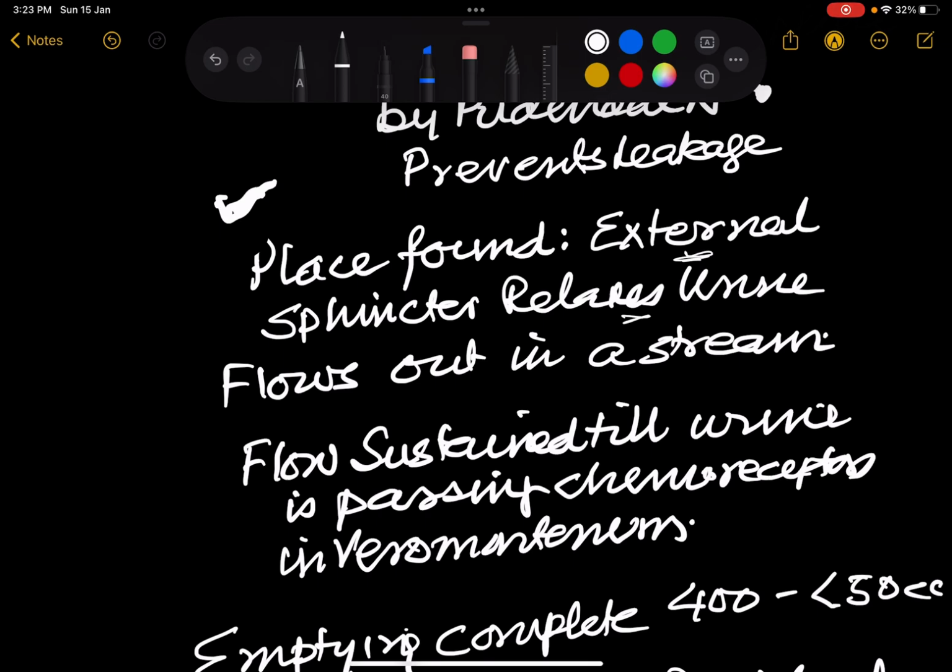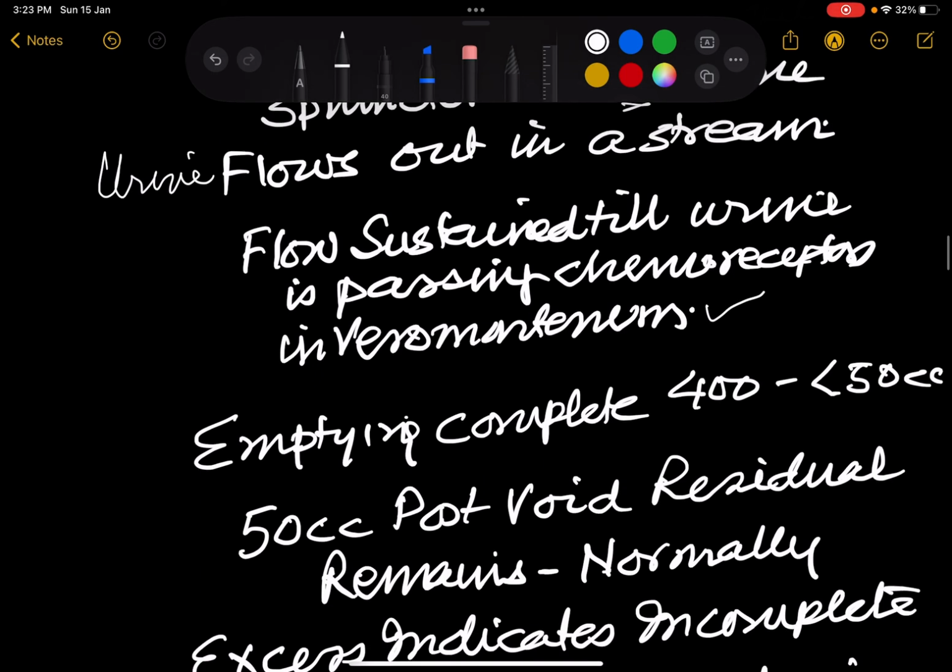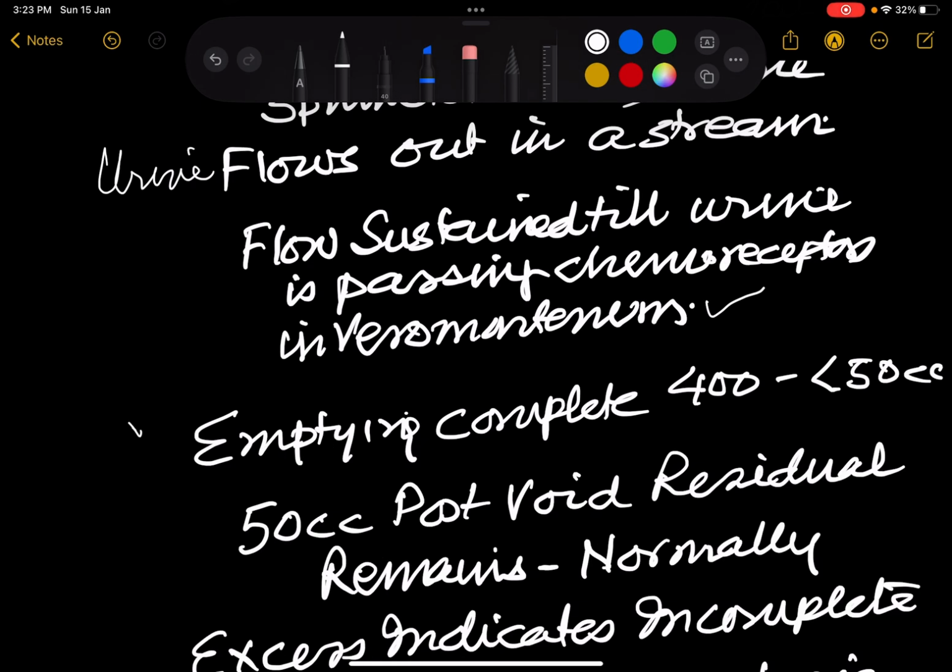The urine flows out in a stream, and the flow is sustained till the urine is passing over the chemoreceptors in the verumontanum. Therefore, the evacuation is almost always complete. 400 cc of volume is reduced to less than 50 cc, and this 50 cc is called the post-void residual urine, and we will call it PVR henceforth.